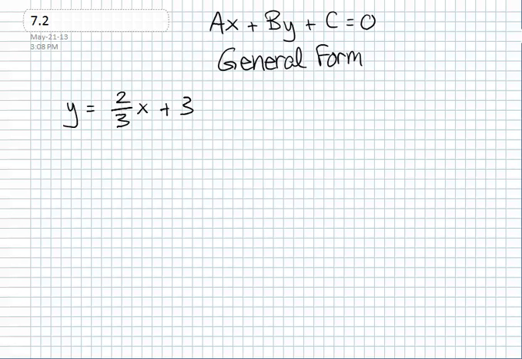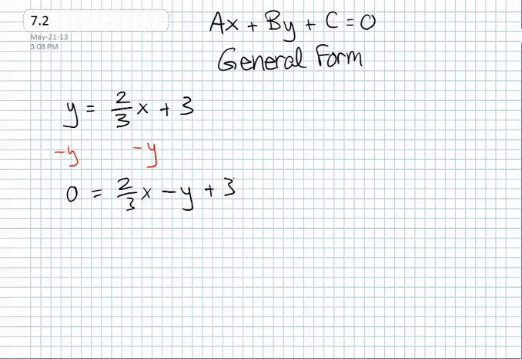Here's an example of one where, again, x is positive on the appropriate side, so I'm going to subtract y from both sides. Okay, so I get 0 equals 2 over 3 x minus y plus 3. And you go, yay, I'm done. But you're not, because I don't have my coefficients all as integers. x has a coefficient of 2/3. That's a rational number, not an integer.